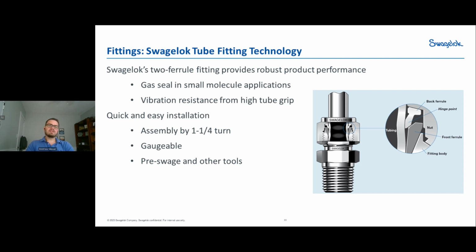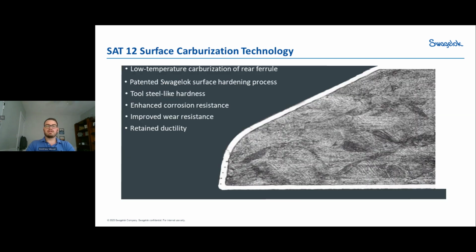I really want to move into the next statement of what makes Swagelok's tube fitting so good in vibration performance. That really comes down to some of the technology we have created in our back ferrule. We have what we call SAT 12 surface carburization, and that's a low temperature carburization. It creates tool steel-like hardness, so it enhances corrosion resistance and improves wear resistance.